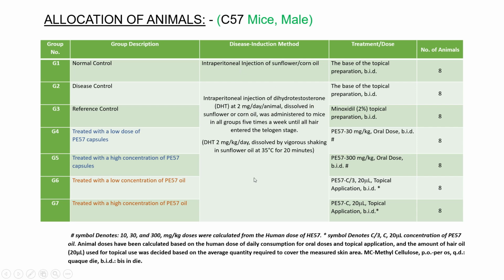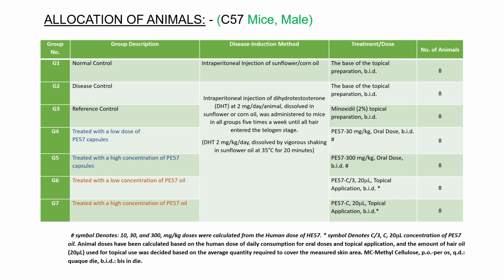For that, you can see the intraperitoneal injection of dihydrotestosterone, DHT, at 2 mg per day per animal. The DHT is dissolved in sunflower oil or corn oil and administered to all groups of animals 5 times a week. That means in 1 week we give the IP injection around 5 times, until all hair enters the telogen stage.